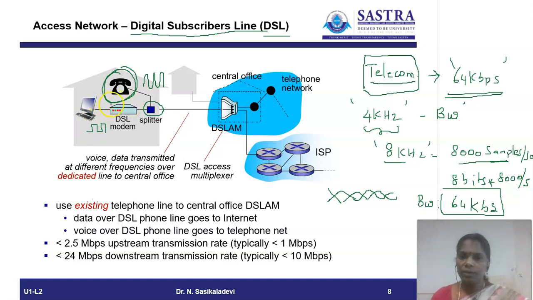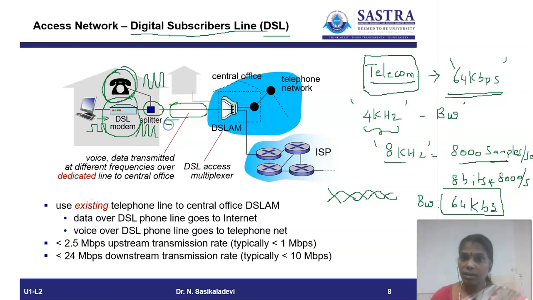Whenever you use a DSL kind of thing, this line also carries an analog signal, so we need a converter, a modem. Here we have the DSL modem, meaning modulator and demodulator. Modulation means digital to analog conversion, demodulation means analog to digital conversion. Both are required because when the computer transmits data, the DSL modem accepts the digital signal and produces an analog signal, which passes through the splitter and travels in this coaxial cable.